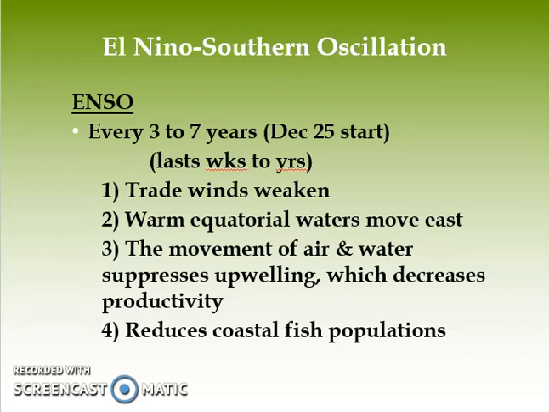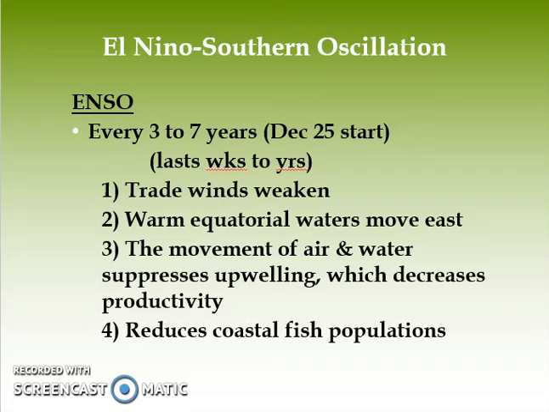What actually happens is the winds that blow across the Pacific towards Japan and Asia, they weaken. Normally they blow across and basically push all the warm water over to the western side of the Pacific.